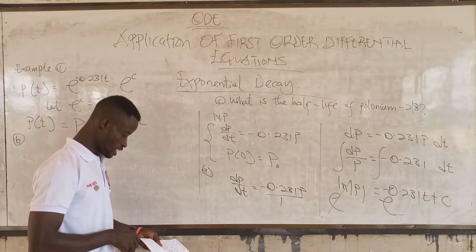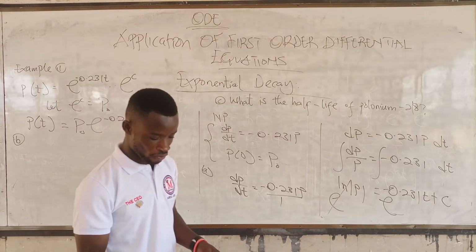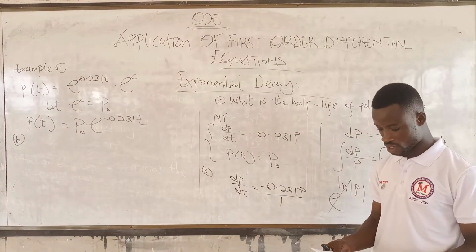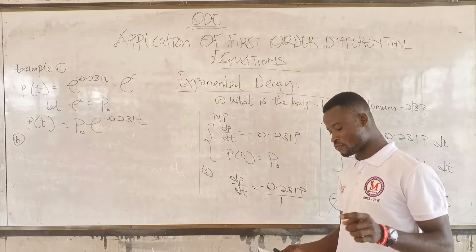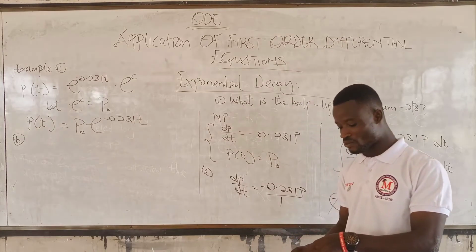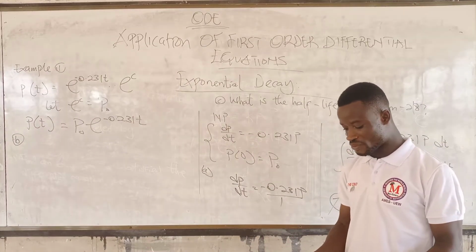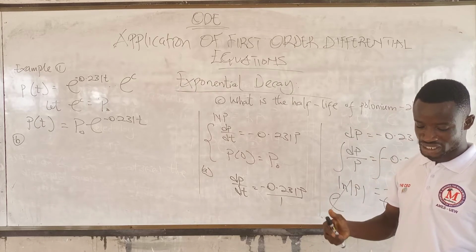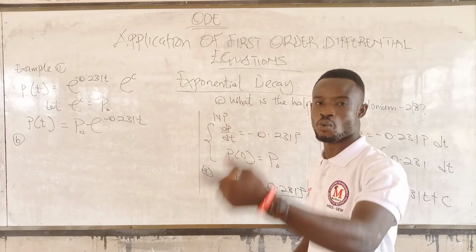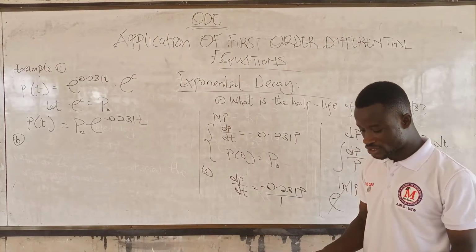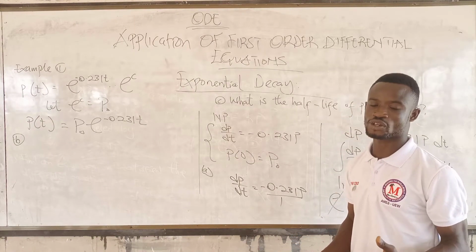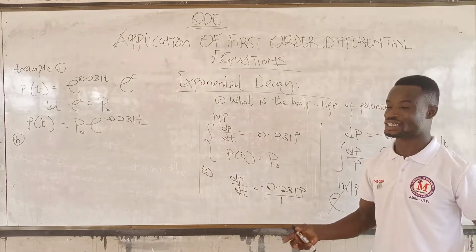The question says, if 1,000 grams of polonium-218 is present at t equal to 0, that means we have 1,000 grams when t is equal to 0. And we have to find how much is present after 90 seconds. So at t equal to 0 we have 1,000. Then what is going to be at 90 seconds? That's all the question is saying.